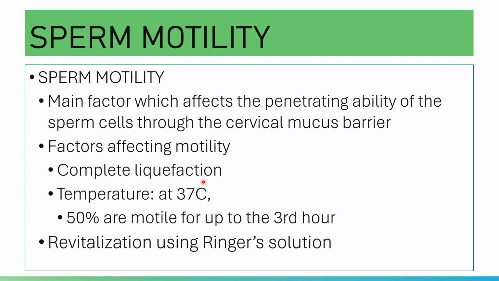So, you have here your factors again: complete liquefaction and temperature. Temperature should be at 37 degrees Celsius accordingly. And for sperm motility, 50% of the sperm cells are motile up to the third hour. That is accordingly the normal value.